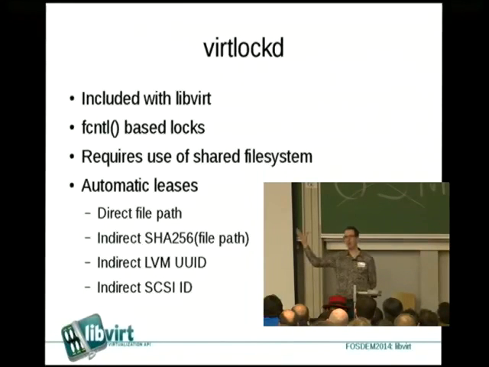We will either take a SHA-256 hash of the file path, that's the default mechanism, but you can also tell it that if you're using LVM storage as your virtual disk, to do locks based on the LVM UUID. Or if you're using Fibre Channel or some other SCSI storage mechanism, you can tell it to do locks based on the SCSI unique ID of the LUN.